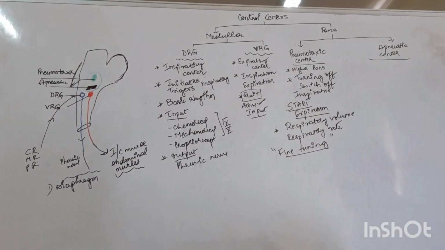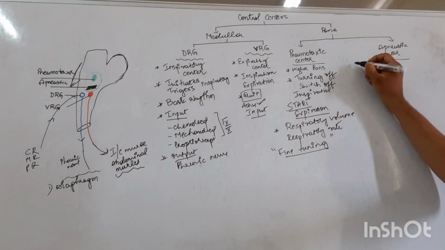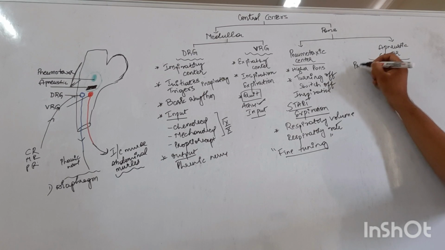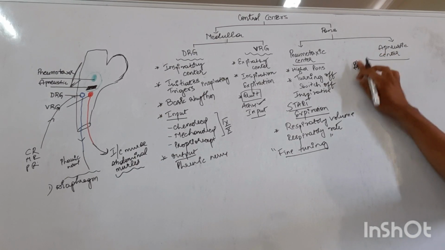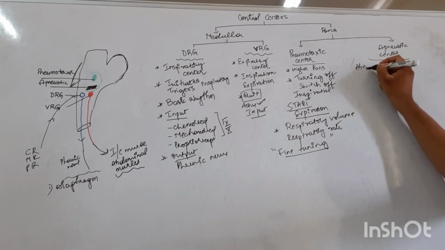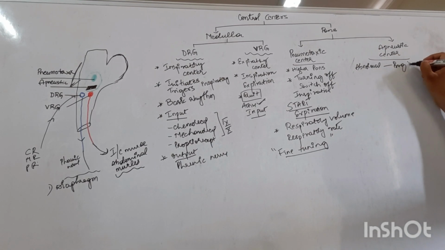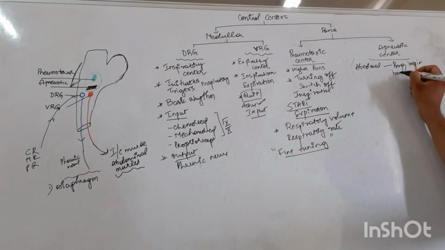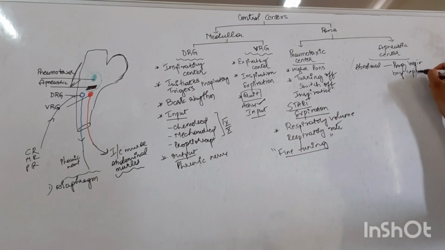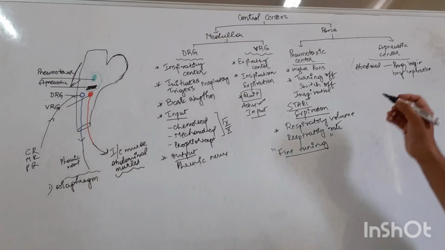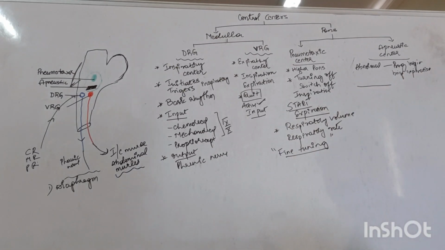We do have the apneustic center. Apneusis is an abnormal type of breathing which is characterized by prolonged inspiration followed by a brief period of expiration. That means whenever the apneustic center is active, this will prolong the inspiration process.